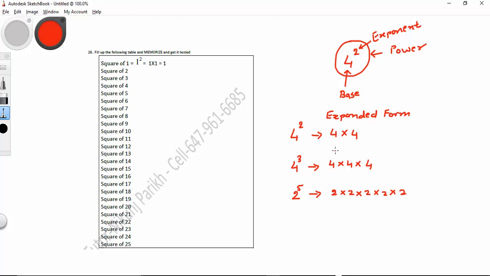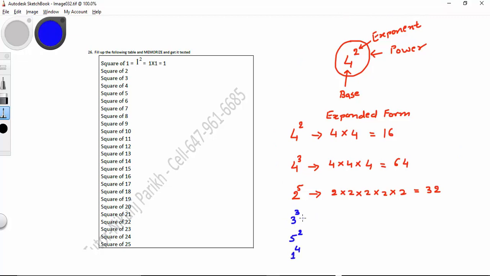If I want to write these expanded forms of the power in the standard form, then this will be equal to 16. This will be equal to 64. And this will be equal to 32. I hope that this part is absolutely clear to you. Now I have given you these three powers.